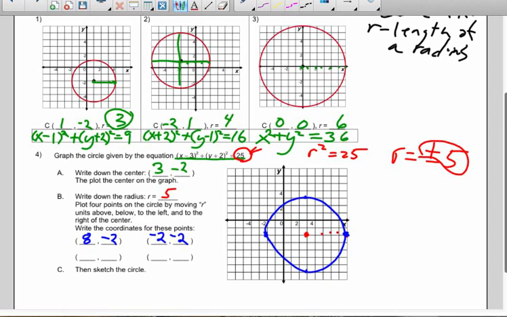And then on this one, I kept my x-coordinate at 3, but I moved up 5, so I went to 4. And then I went down 5, which moved me to, again, my x-coordinate is 3. And my y-coordinate, I moved down 5 from negative 2, so that's going to be a negative 7. And there are the points.